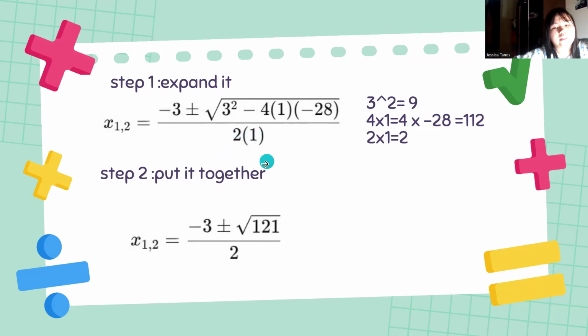2 over 1, 2 times 1. Actually, when you put it together, 9 minus 112, not minus, we have plus. So 9 plus 112 is equal to 121.